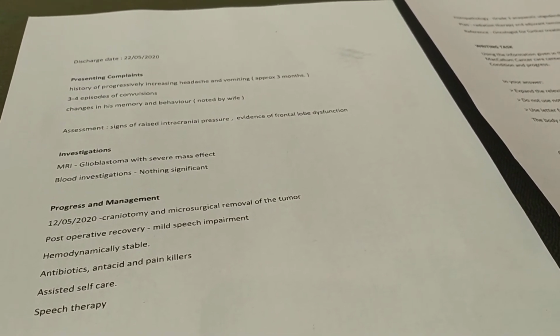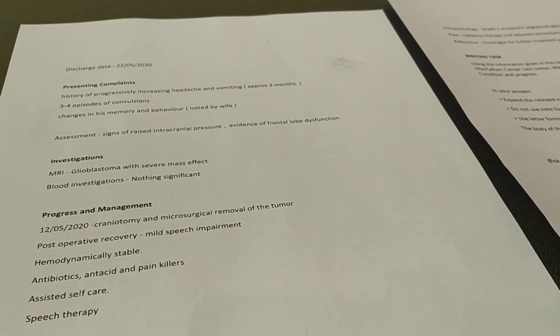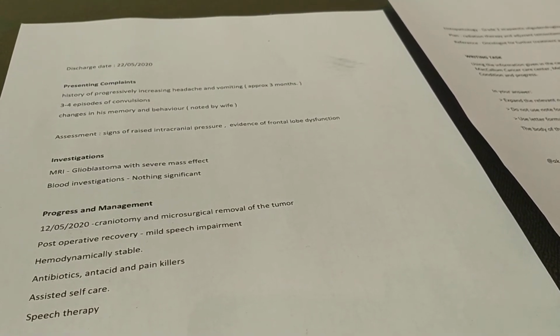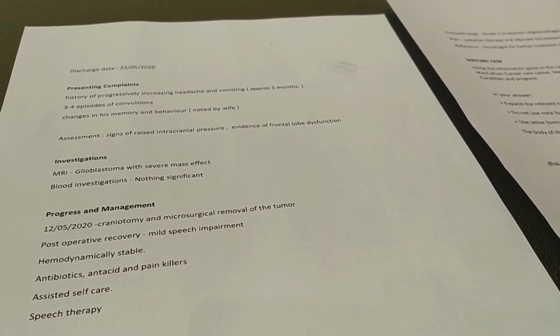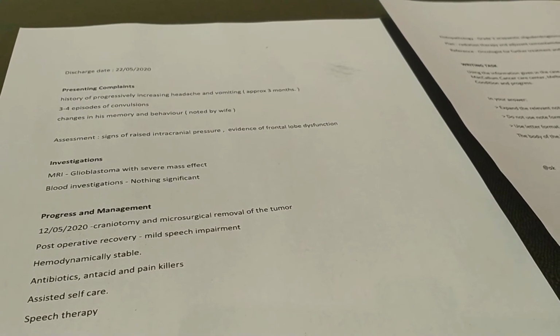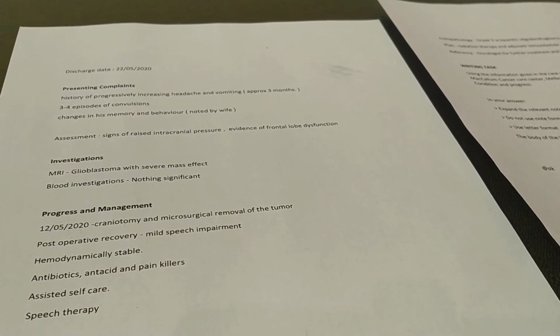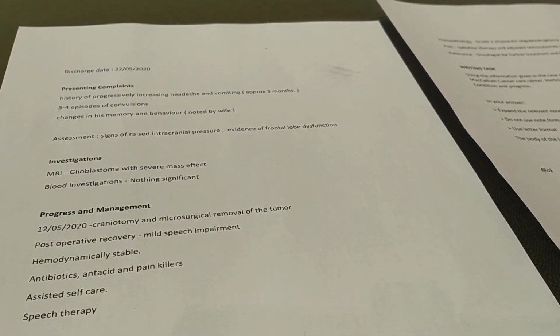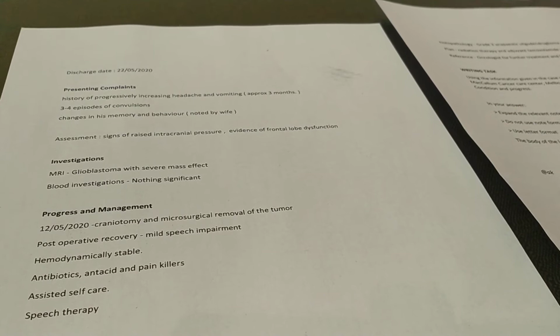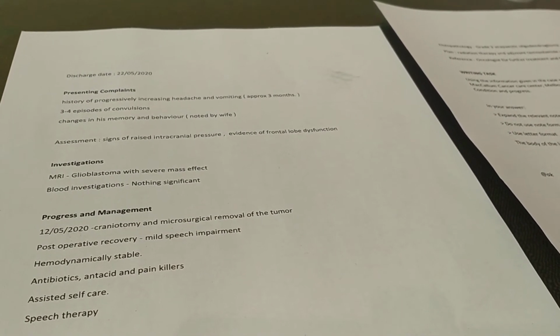Initially, Mr. Gilligan was admitted to our facility on 11 May 2020 with a 3 months history of gradually worsening headache and vomiting. In addition, he had 3 to 4 episodes of convulsions followed by memory loss and behavioral changes. On examination, signs of increased intracranial pressure and frontal lobe dysfunction were noticed.